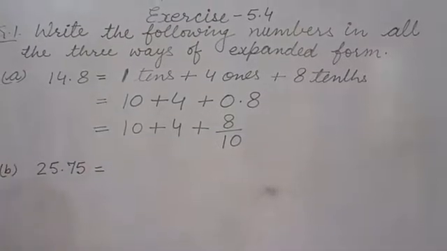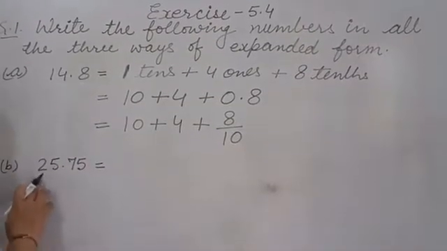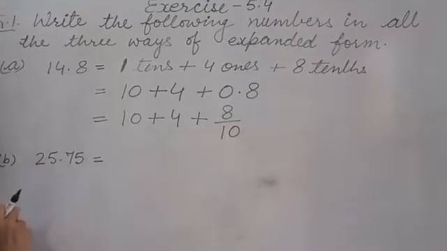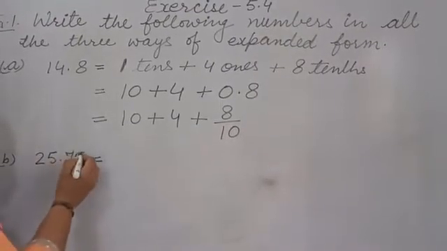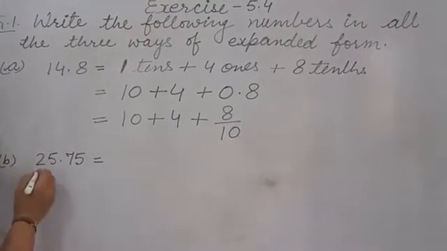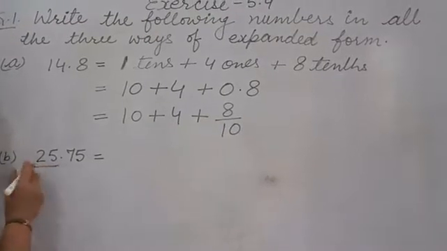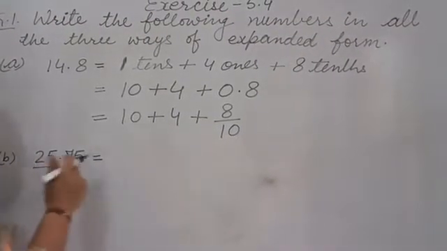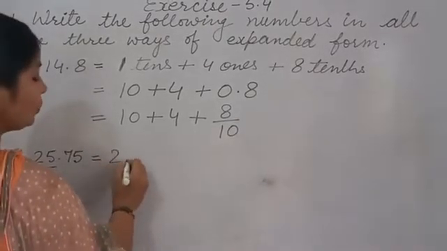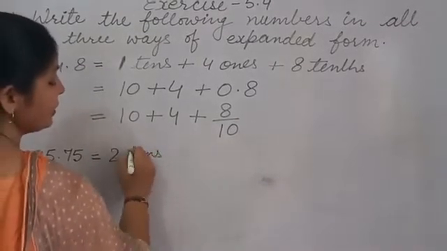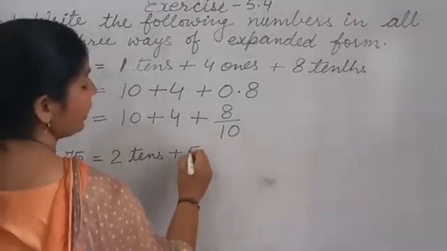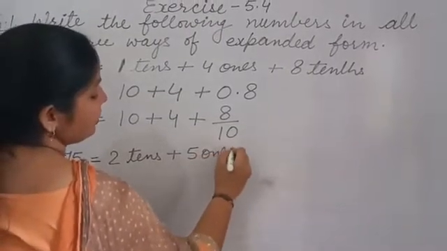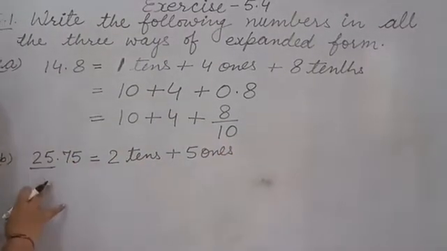Now it's B part: 25.75. So first of all 25. In 25 what do we have? 5 ones, 2 tens. So we write here 2 tens plus 5 ones. Okay, whole we have done.